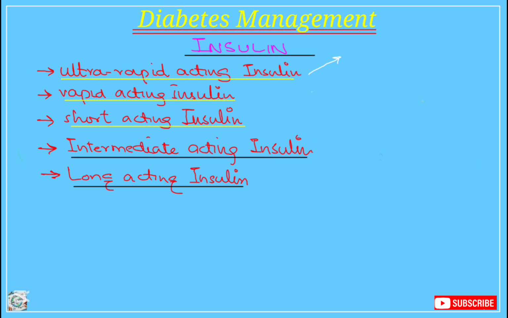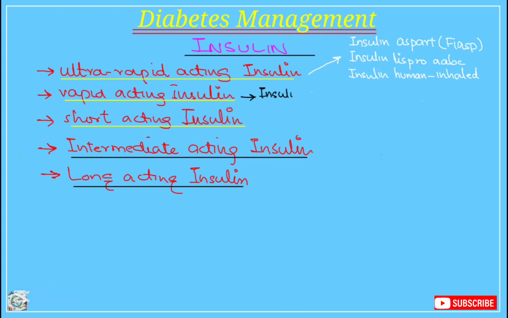The ultra short acting insulin, they work super fast almost immediately after injection. These include insulin aspart, which is FIASP, fast acting insulin aspart, insulin lispro AABC, and inhaled human insulin. So what about the rapid acting insulin?